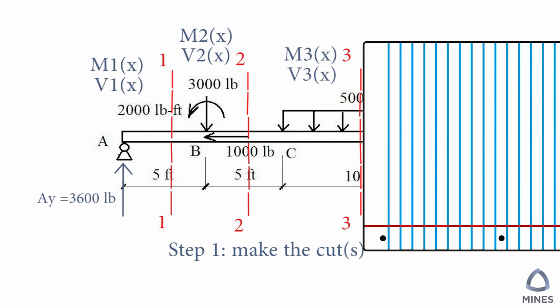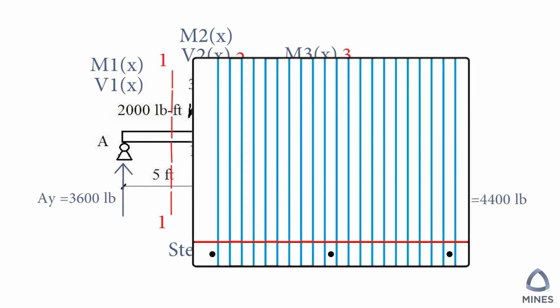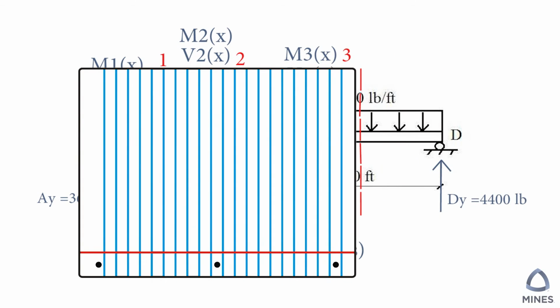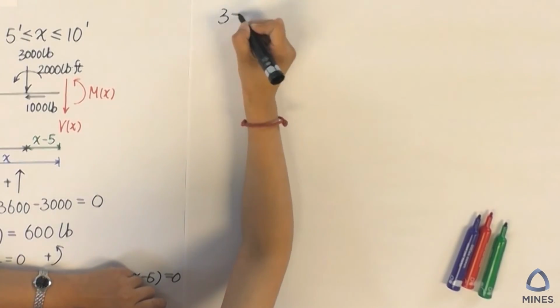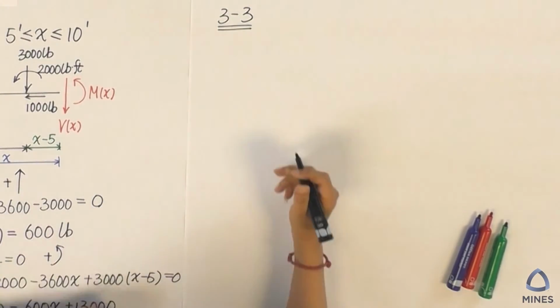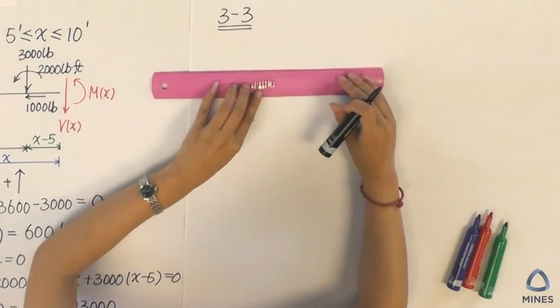So again, we use paper or the card to help us make a decision. So what's this? Are you going to pick a left-hand side or the right-hand side as your FBD? As you can see, the easier side is going to be right-hand side.